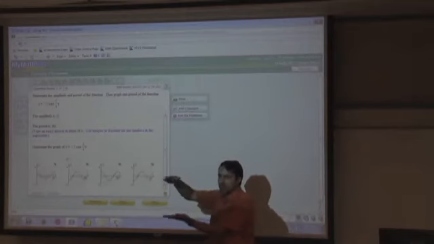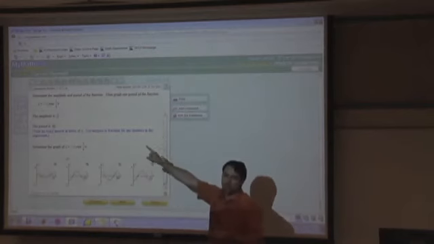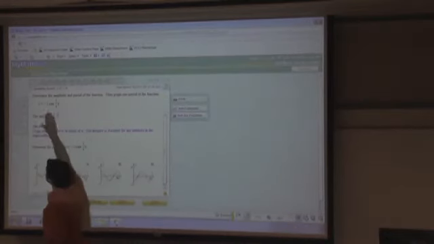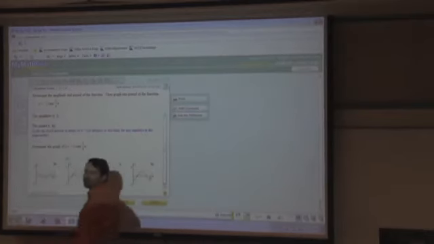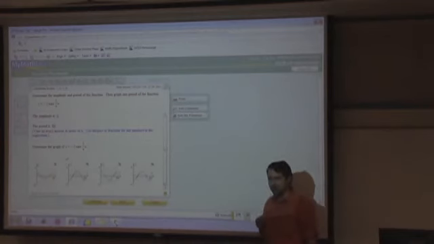It'll still have the same height. So when you're dealing with amplitudes, you're only looking at the absolute value of the number in front of the trigonometric function. Minus plays no role, so it's just whatever number is there. Okay? Is that making sense?